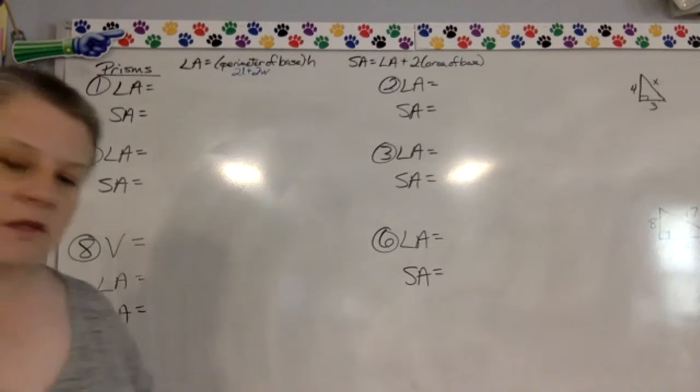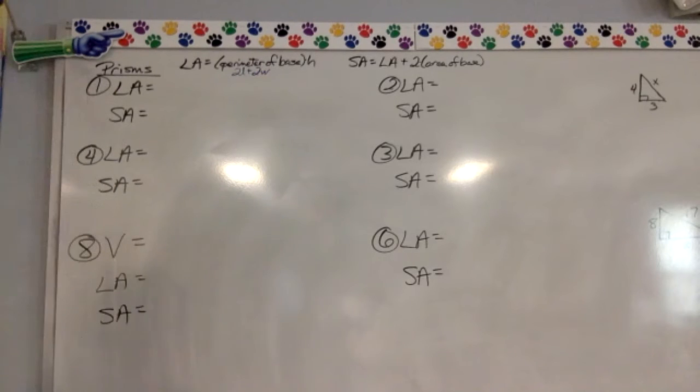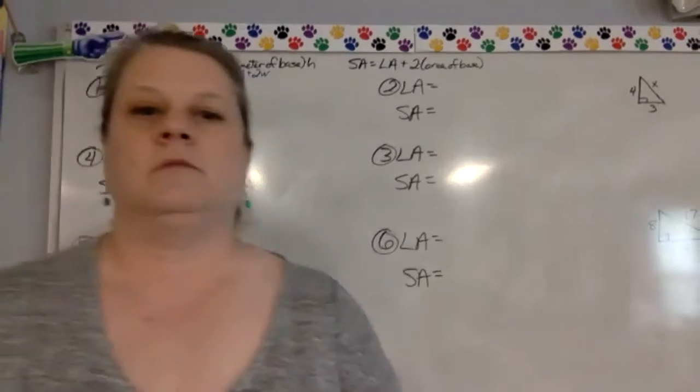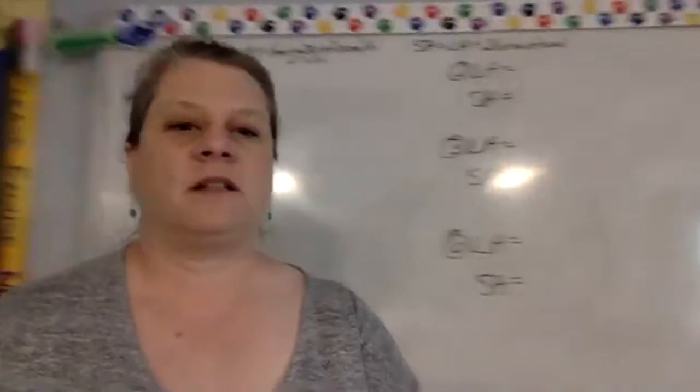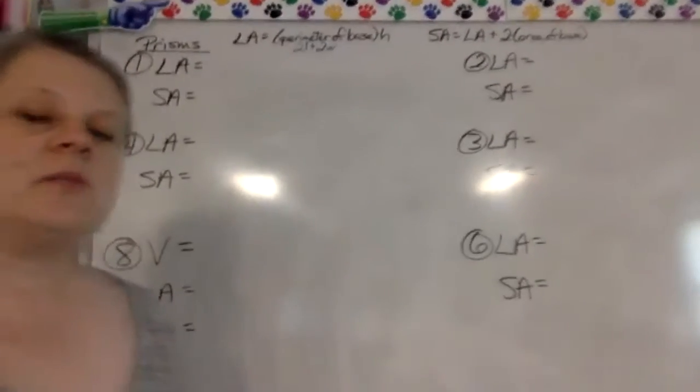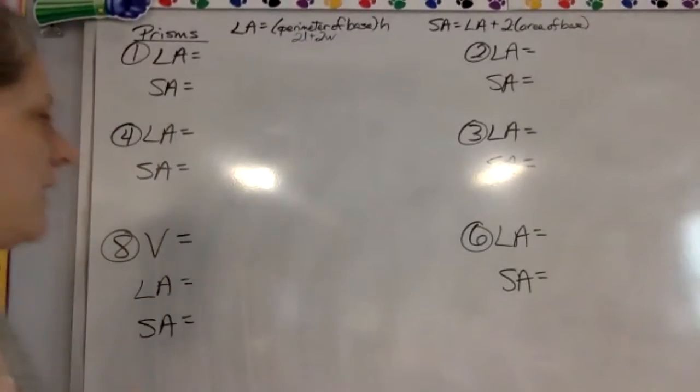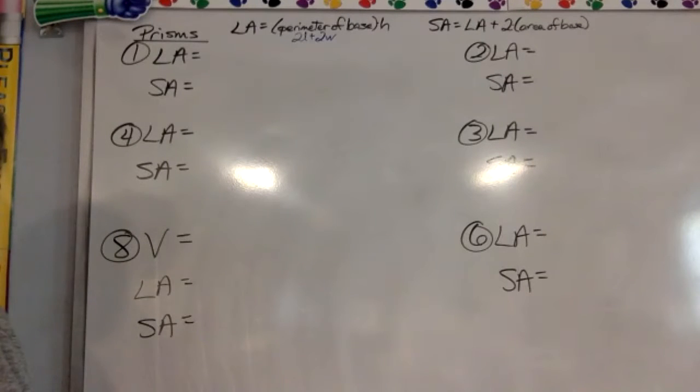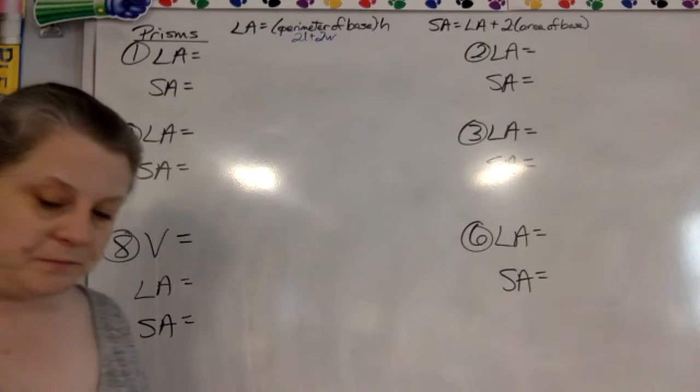Because you have 2 of the lengths and 2 of the widths. Because perimeter, remember, just adds up the sides. The lengths of a rectangle are the same and the widths are the same. So that's what we're going to be using when we're talking about finding the lateral area for these rectangular prisms.